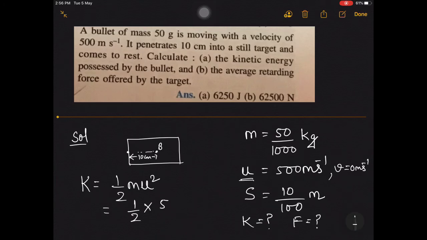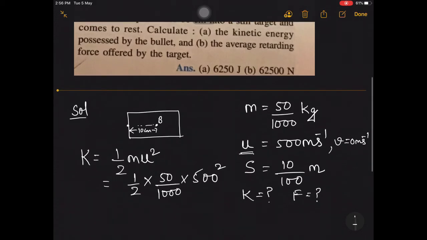So half into 50 by 1000 into 500 square. Let us do this calculation. 50 into 500 square divided by 2000. So if you do this calculation, you will get 6250 joule. So this is the kinetic energy.